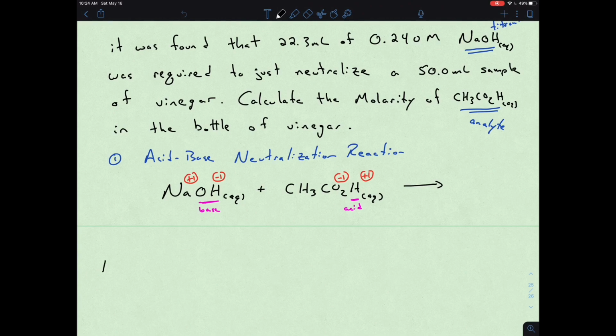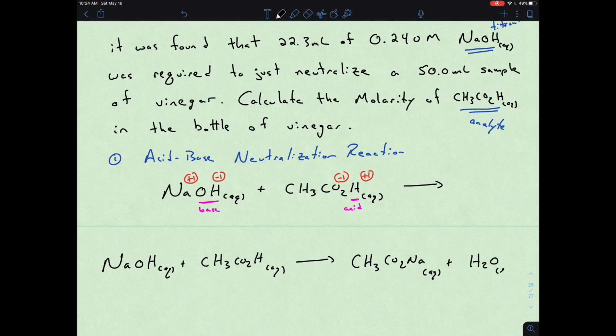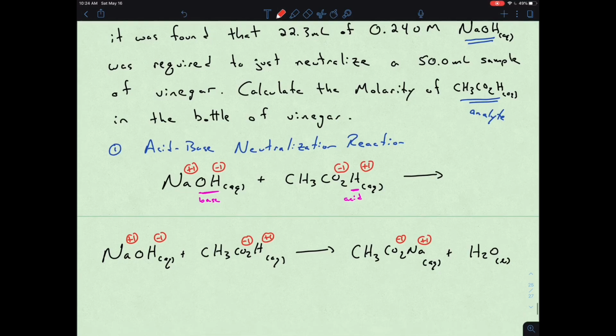So if we just swap partners, we would get sodium acetate and H2O. Again, we're just swapping those cations and their respective anions to generate the sodium acetate, which is really just the spectator here.